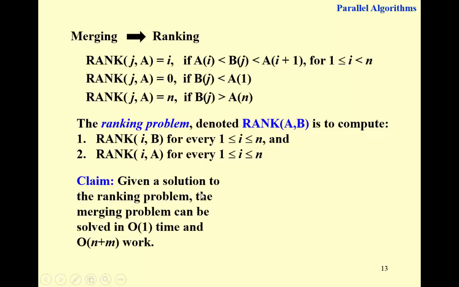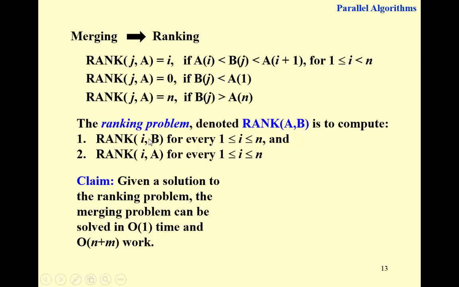Claim that given the solution to the ranking problem, the merging problem can be solved in a constant time and a linear workload. But how? If we know the position of A(i) in B, then what is its final position in C? First of all, there must be that many B elements stored before A(i), right?